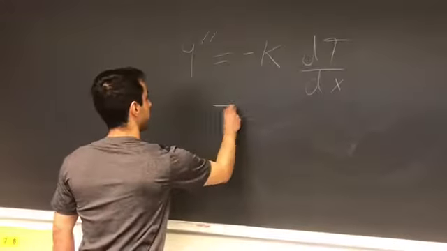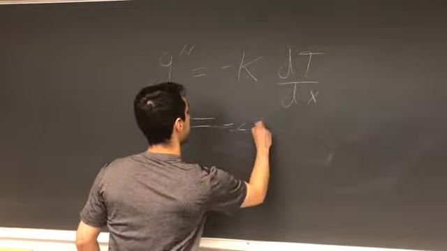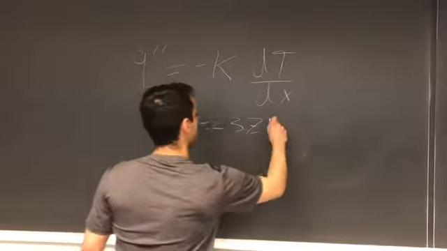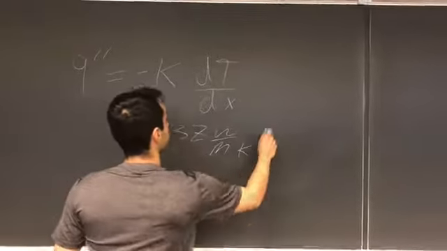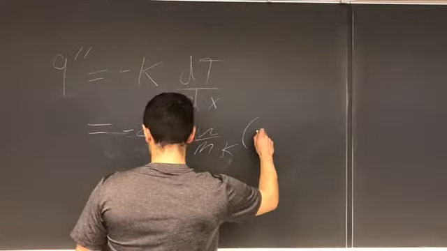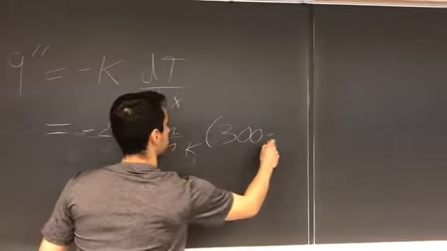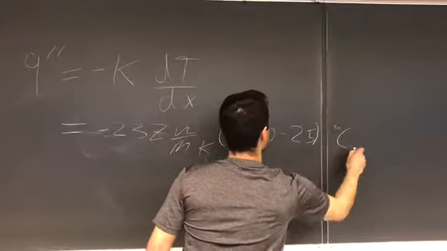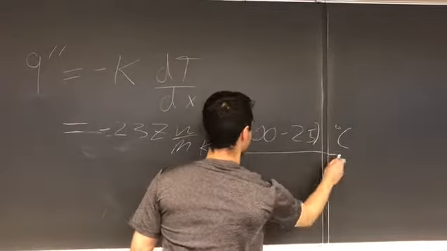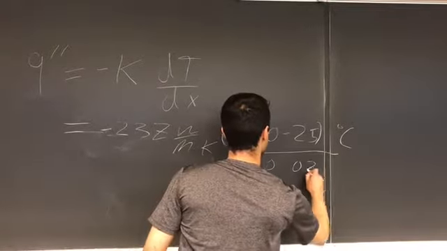For the frying pan, we have the thermal conductivity of 237 watts per meter Kelvin, and the temperature difference is equal to 300, which is Ts minus 25 degrees Celsius, the ambient temperature, divided by the thickness, which is equal to 0.02 meters.